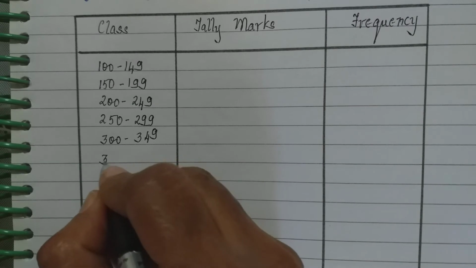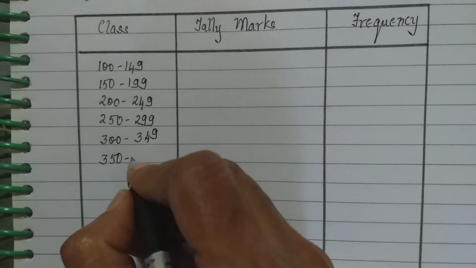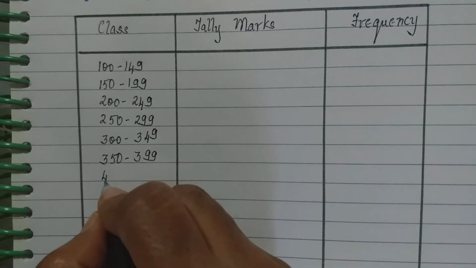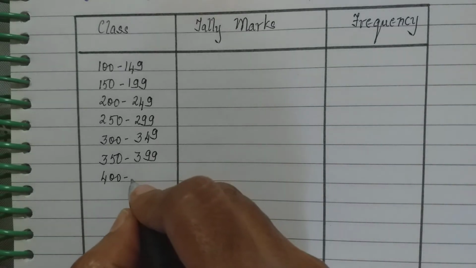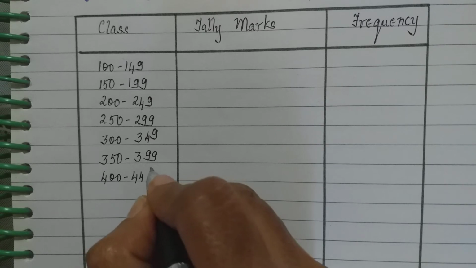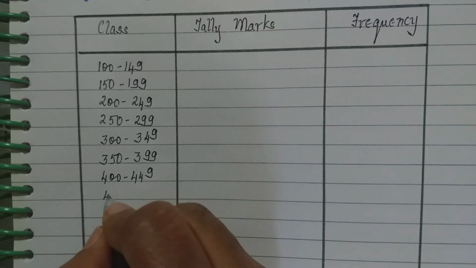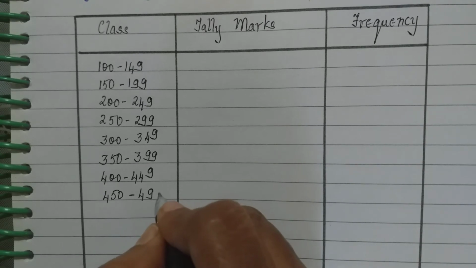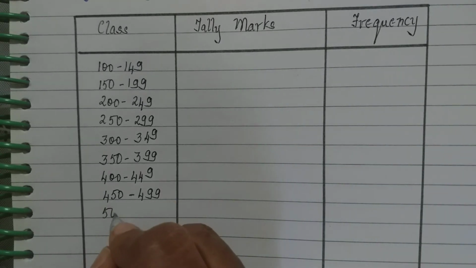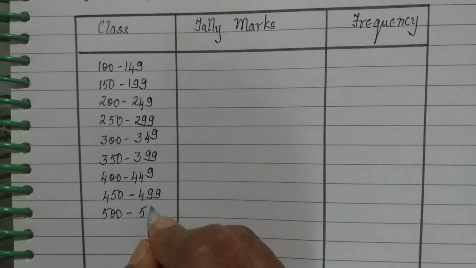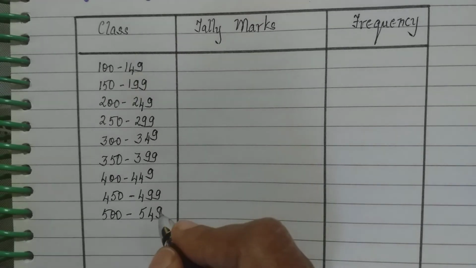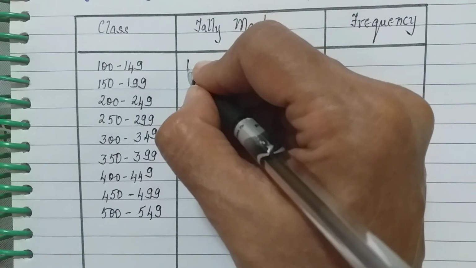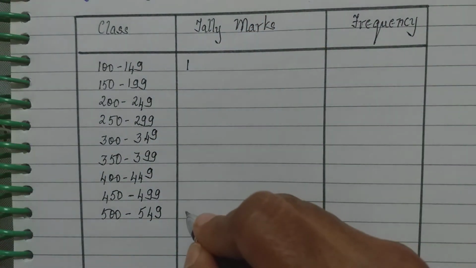So this will be 350 to 399. Next is 400 to 449 and 450 to 499, and the last class is 500 to 549.